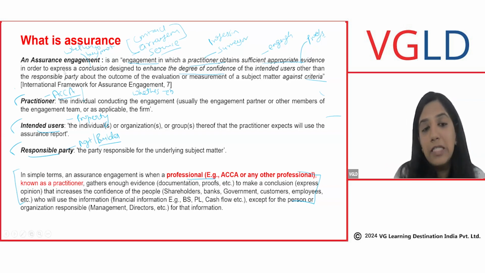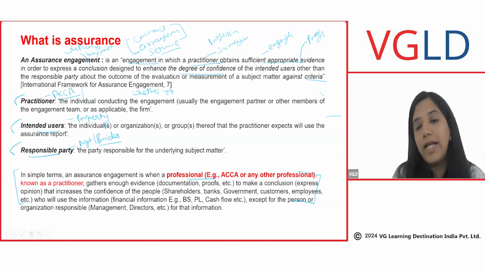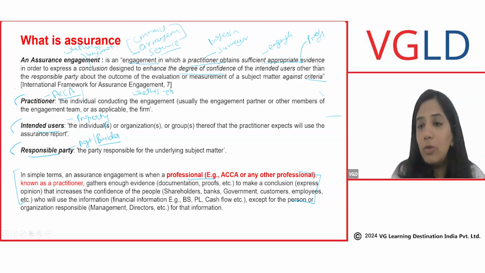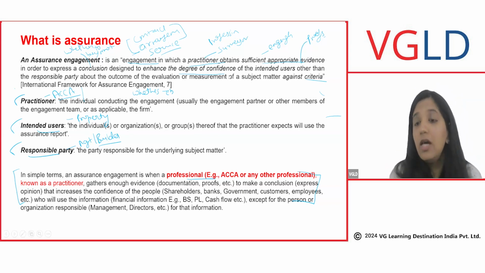In order to express a conclusion designed to enhance the degree of confidence. Now, what happens is, what is the role of evidence? Through evidence, you derive the conclusion. Now, what is your conclusion? Your conclusion is sharing your opinion. Your opinion will be based on the evidence and designed to enhance the confidence.